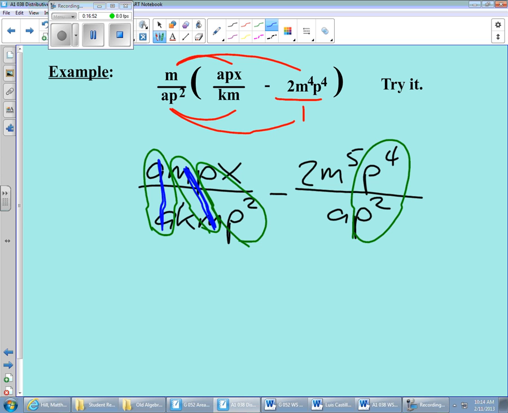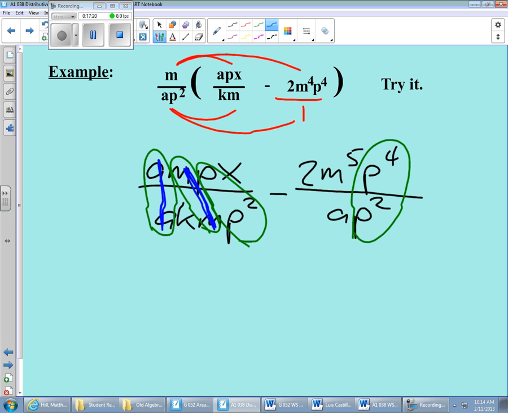Okay, how about this guy? P divided by p squared. Okay, well, that's a little bit more complicated. We got a numerator of 1, a denominator of 2. 1 minus 2 is negative 1. So we have a p to the negative 1 in the numerator. But what does a negative exponent do? It tells us that that variable does not belong wherever it is.